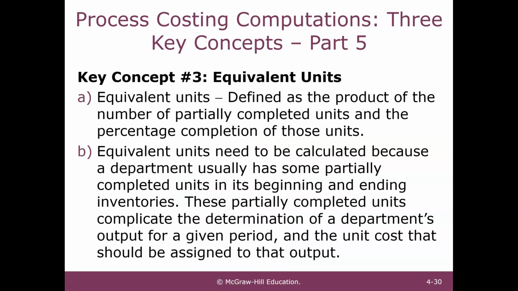Okay, so we're coming back to the equivalent units, and we're going to look at these partially completed units and what percent completed they are. They may be 100% completed with materials, but only halfway completed with conversion cost, which is manufacturing overhead and direct labor.